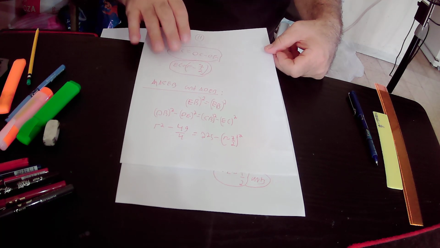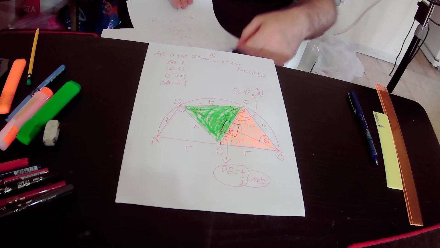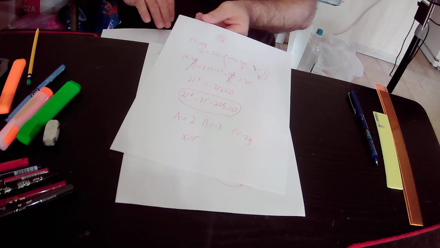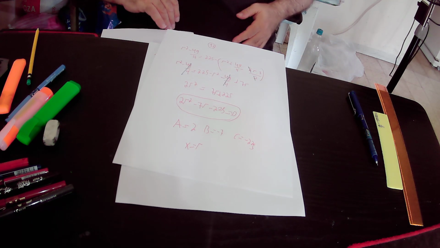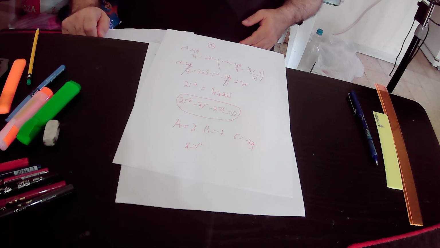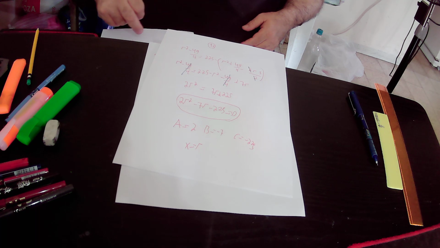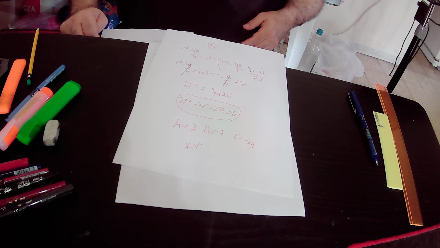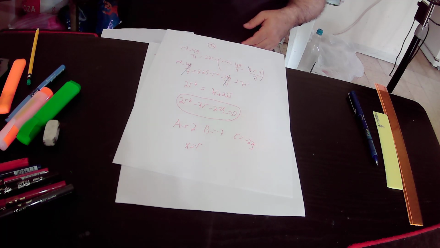After we solve this simple equality, we get the quadratic equation 2R square minus 7R minus 225 equals 0. So here the coefficients of this quadratic equation are a equals 2, b equals minus 7, and c equals minus 225.